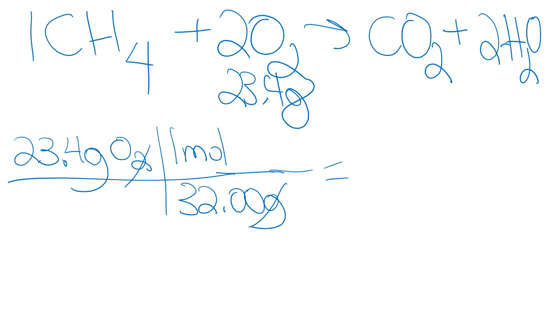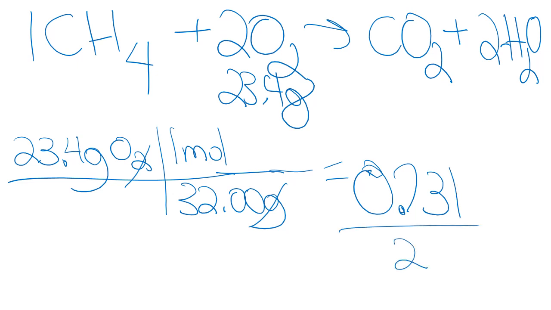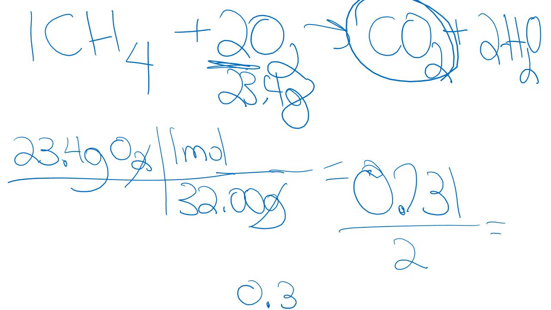Then we're going to divide it by the coefficient. So 23.4 divided by 32 is 0.731. We can divide that by 2 because there's a 2 here, meaning that for every single sandwich made, say CO2, we use 2 oxygens. Hence, it's used up twice as fast. So we divide that by 2, and I get 0.366 reactions.